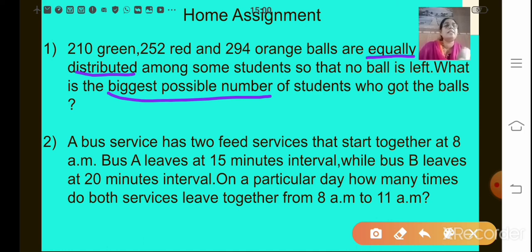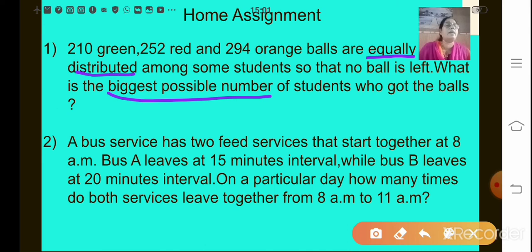Now coming to the second sum. A bus service has two feed services that start together at 8 a.m. Bus A leaves at 15 minute intervals while bus B leaves at 20 minute intervals. On a particular day, how many times do both services leave together from 8 a.m. to 11 a.m.? Now here the action is occurring again and again, that is bus A is leaving every 15 minutes and bus B is leaving after every 20 minutes.